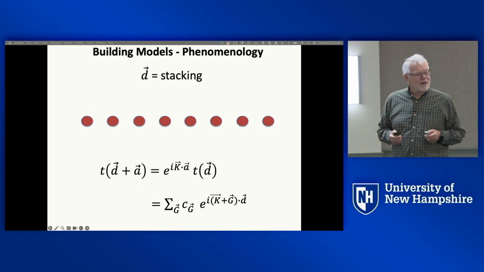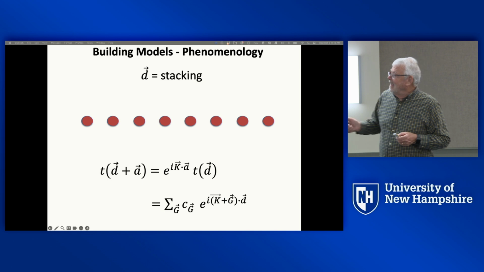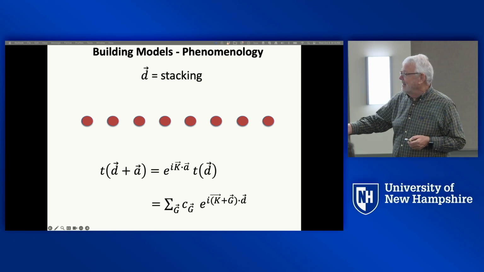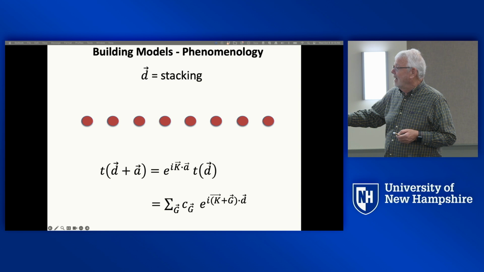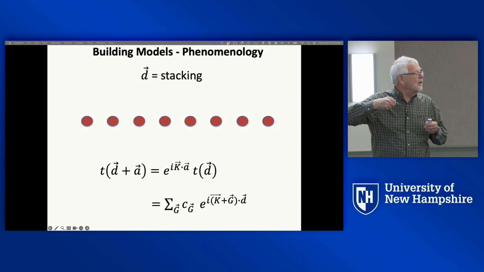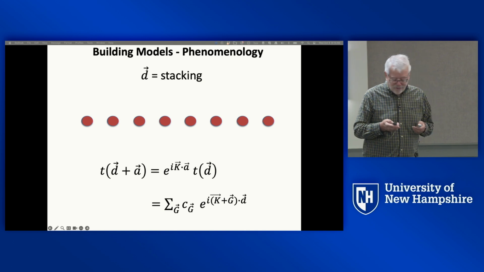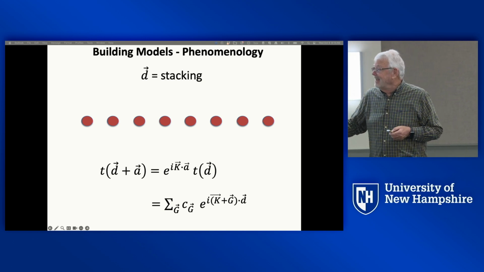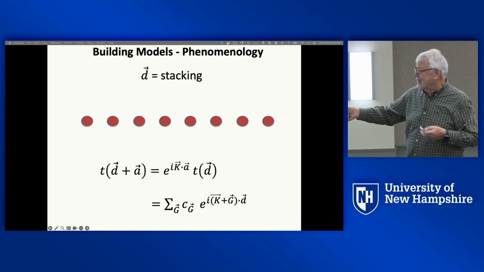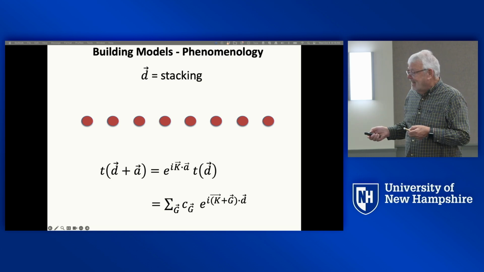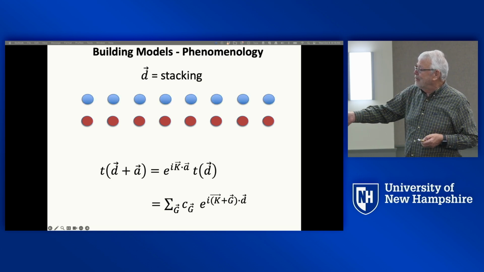Okay, so now I'm going to go really slow and talk about what the models, the periodic Hamiltonians I was referring to before, look like. Here I've shown a one-dimensional crystal, a red crystal, like on my slide. Here's a blue crystal.